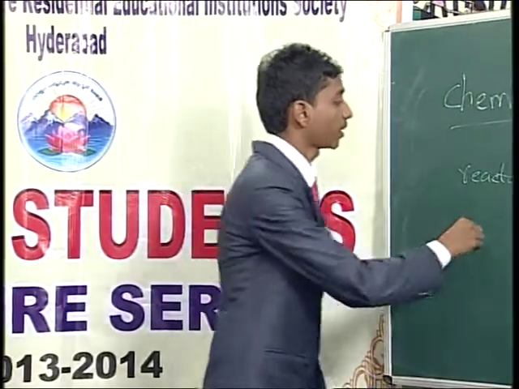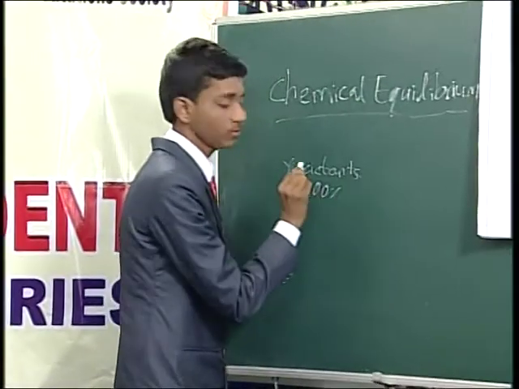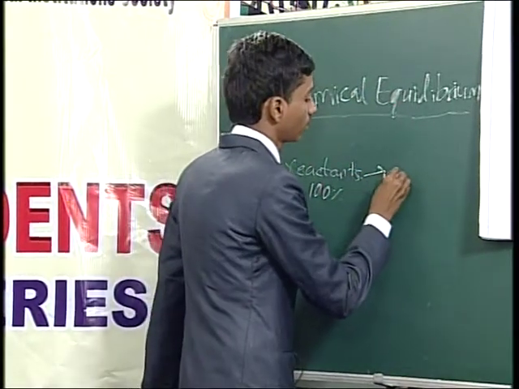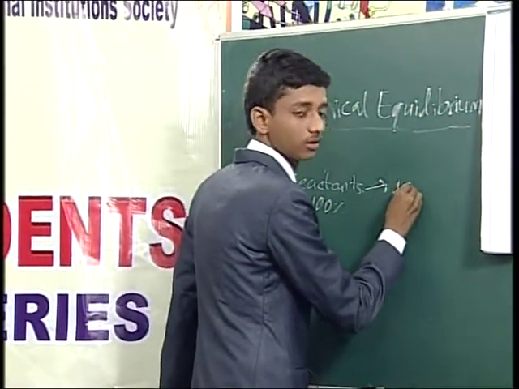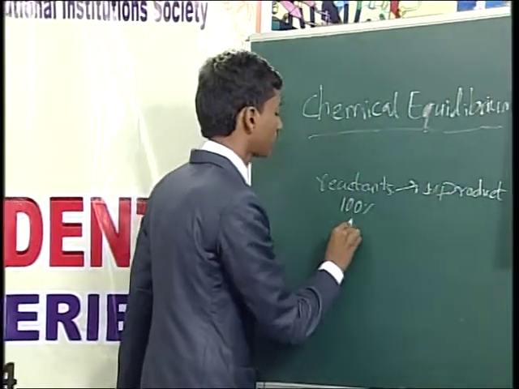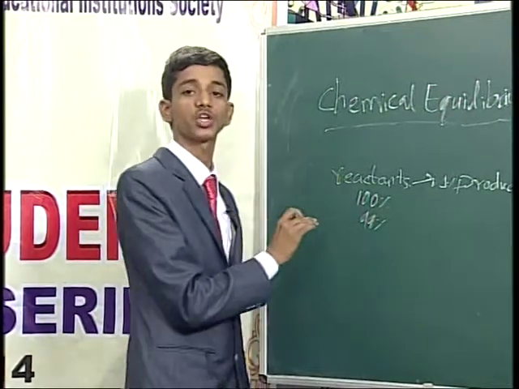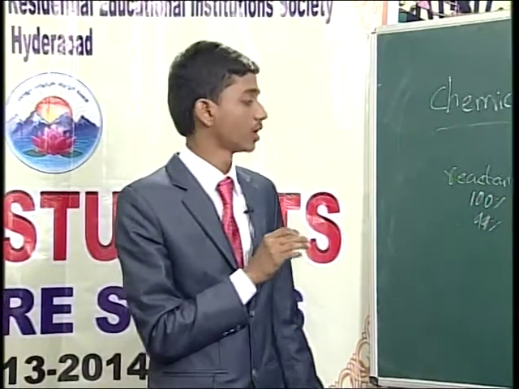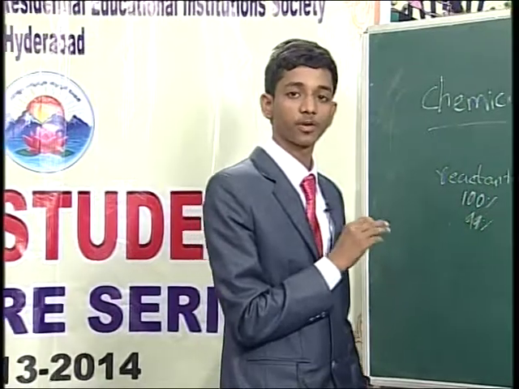And in some other reactions, if you take 100% of the reactants, they form only 1% of the product, and 99% of the reactants remain unchanged at the equilibrium state. And this is another type of reaction.